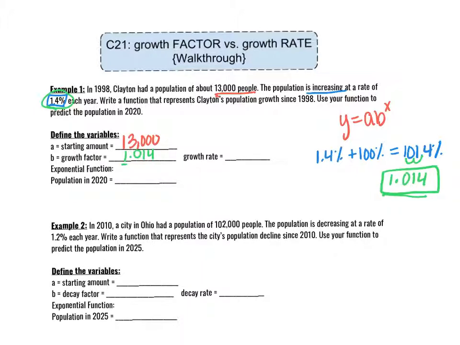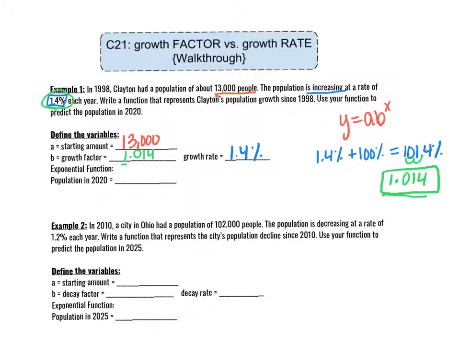Well, I'm not going to go from 13,000 people down to 182. That's not even a growth. So if you get a smaller number, but it's saying you're growing, that probably means you forgot to add that 100%. So our growth factor is our rate plus 100%. That means our growth rate, though, is still just the 1.4%. That's the rate that it's growing.